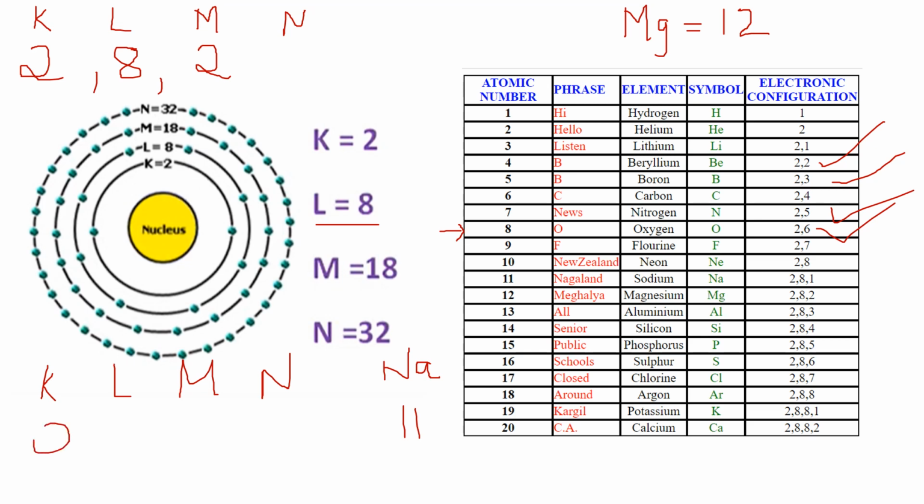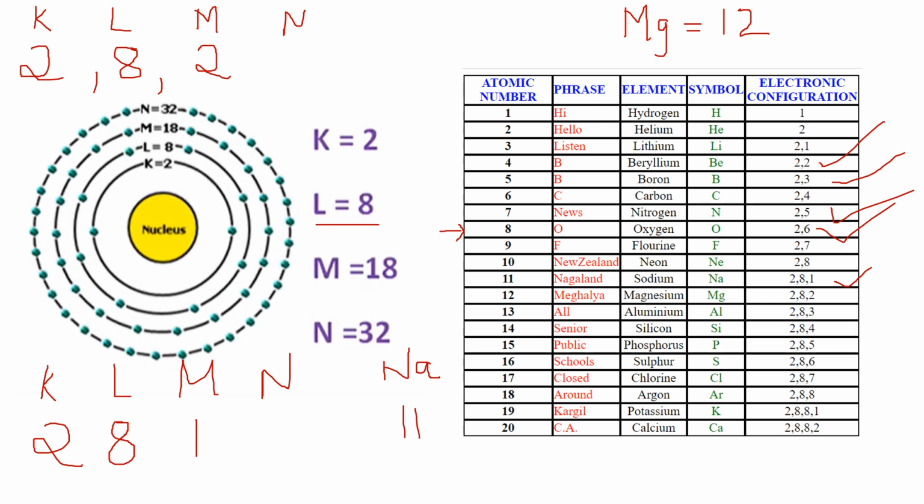So 2, then 11 minus 2 is how much? It is 9. But up to 8 only I can place there. Then 9 minus 8 is how much? It is 1. So 2 comma 8 comma 1 is the electronic configuration of sodium.